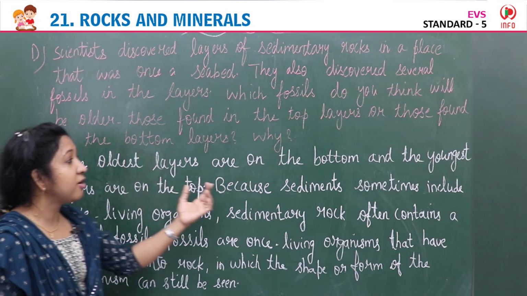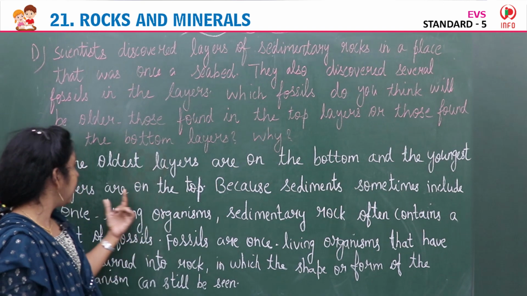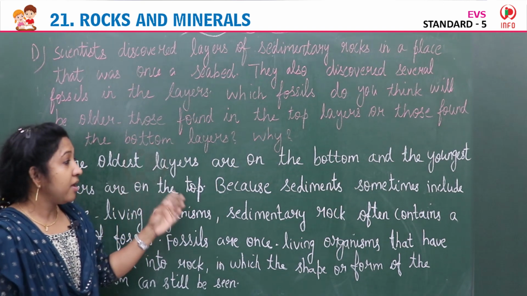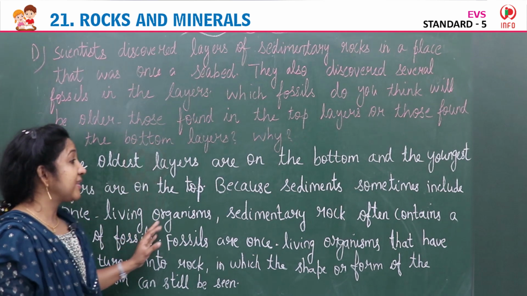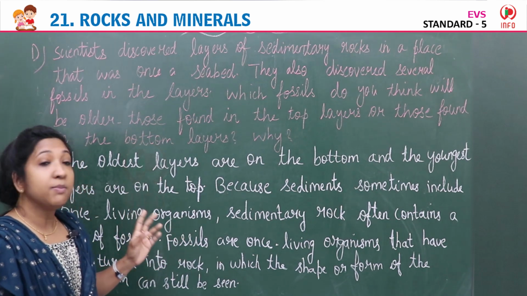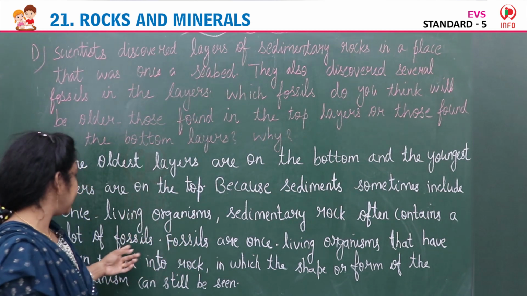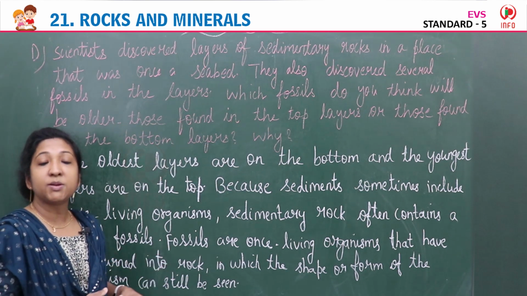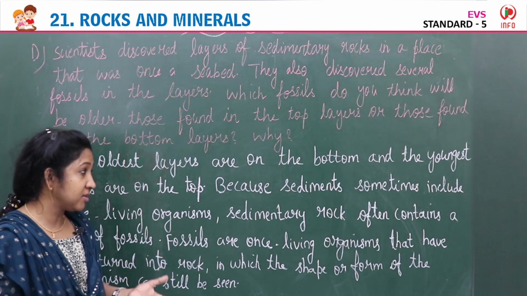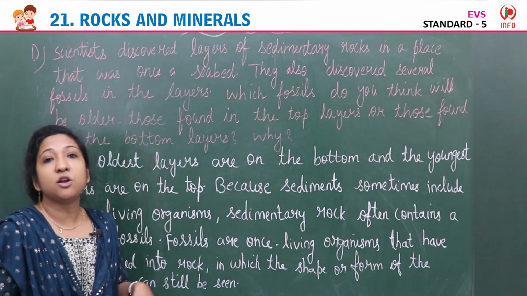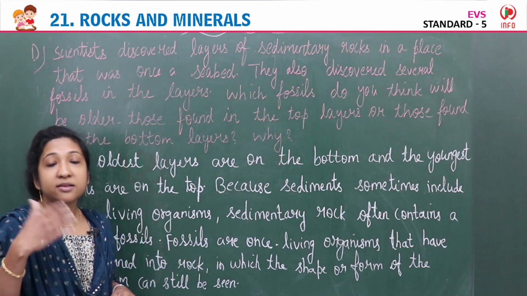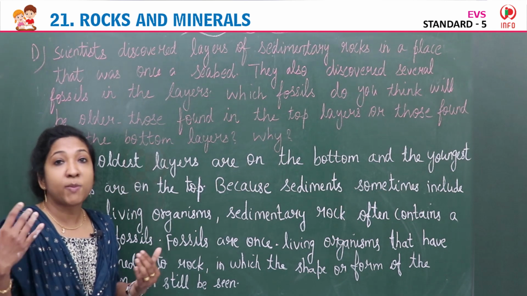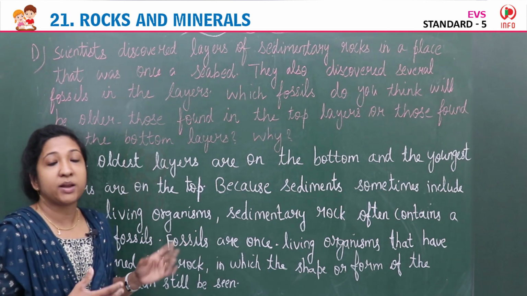The oldest layers are on the bottom and the youngest layers are on the top, because sediments sometimes include once living organisms. Sedimentary rocks often contain a lot of fossils, because sediments sometimes include these living organisms, as we already learned in the lesson, due to biogenic activity.